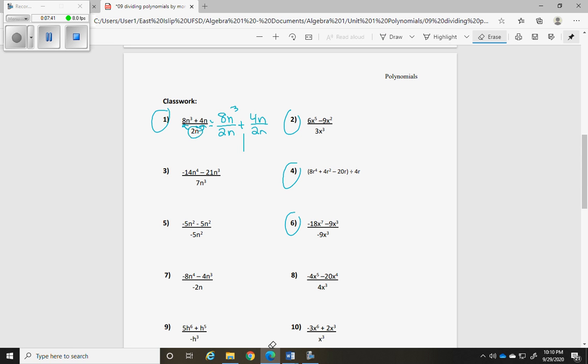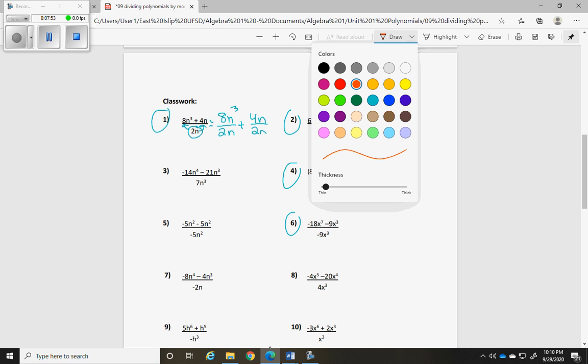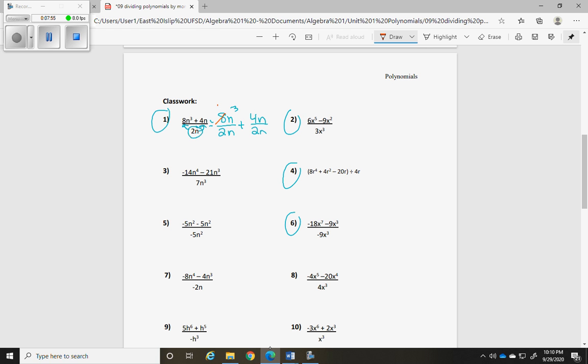Right now, I have a monomial divided by a monomial right here. And when I do monomial divided by monomial, I really do it more like simplifying fractions. So the 8 and the 2 can simplify to 4 over 1. N to the third over n simplifies to n squared over 1. Right? They both had an n in common.